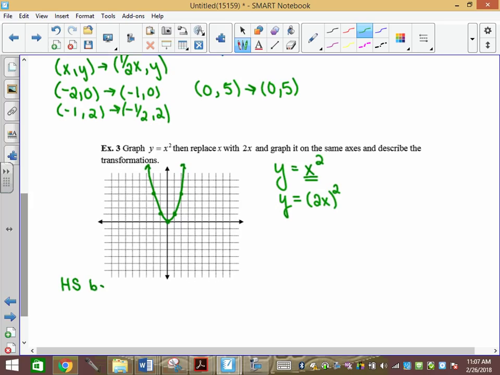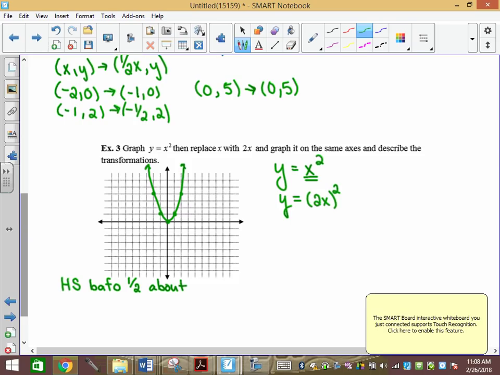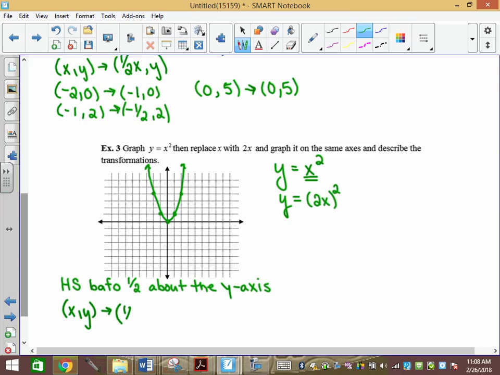Horizontal stretch by a factor of what? About the, that's the only thing that's happening right now, correct? So my points, x, y, are going to become what? 1/2 x and y.